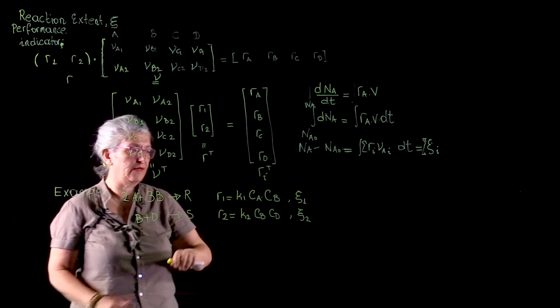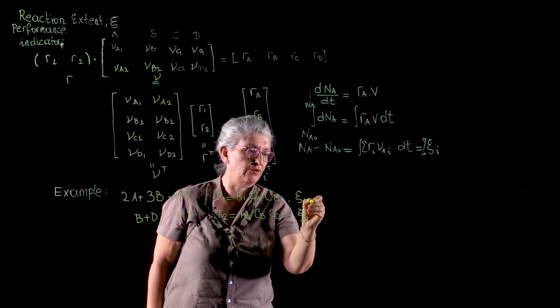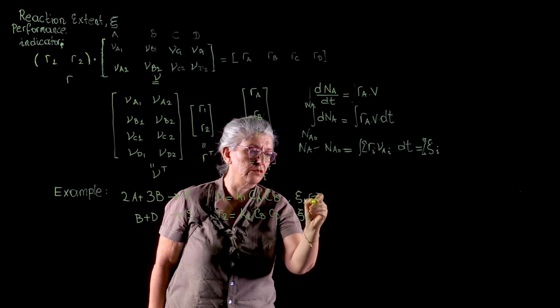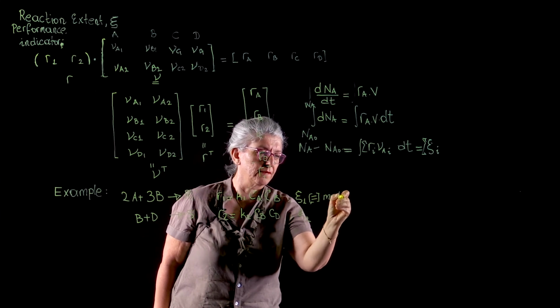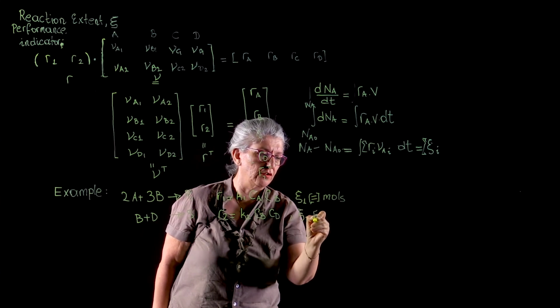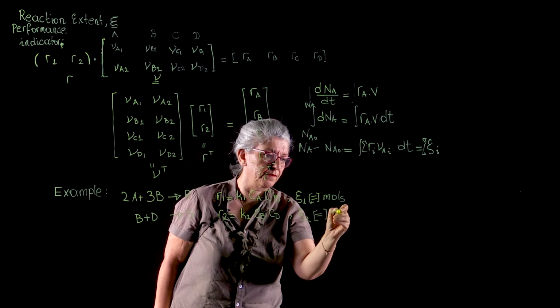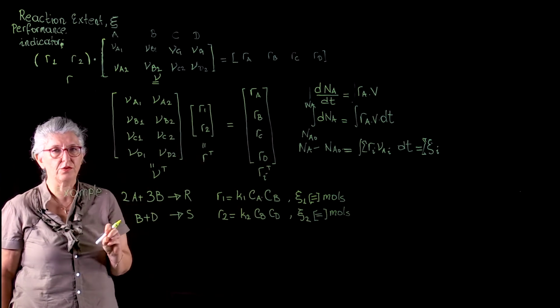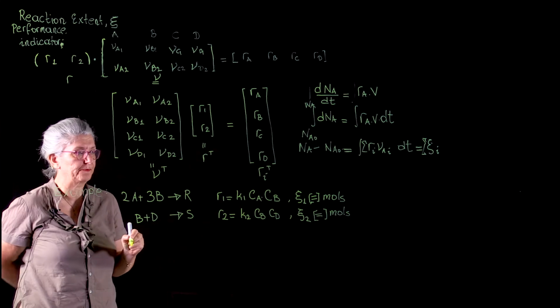So Xi1, just to be sure, has the units of moles, while R1 has the units of mole per volume per time.